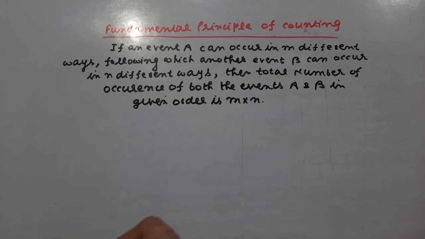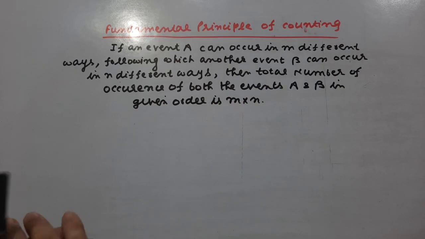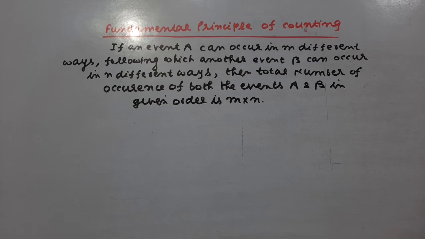I repeat, if event A can occur in m different ways, following which another event B can occur in n different ways, then the total number of occurrences of both the events A and B in the given order is m into n. Let us take an example.